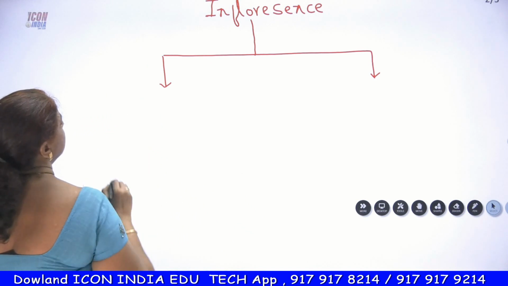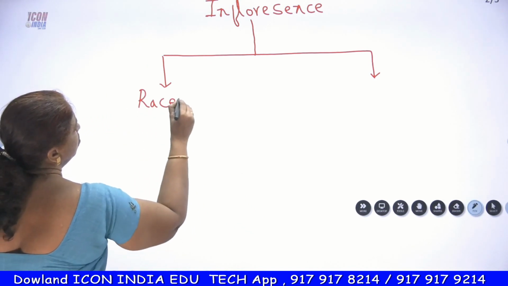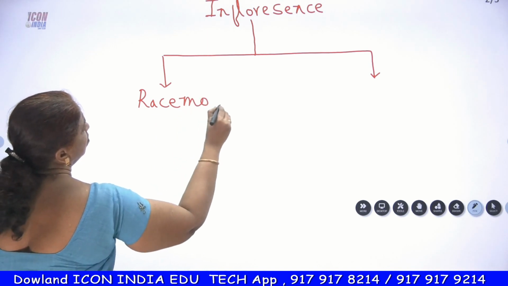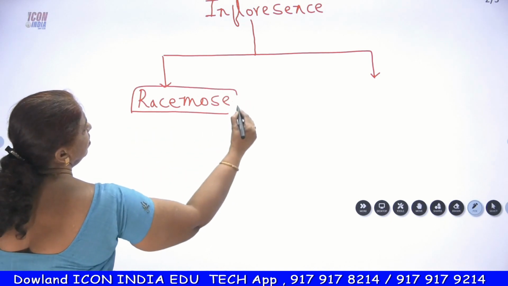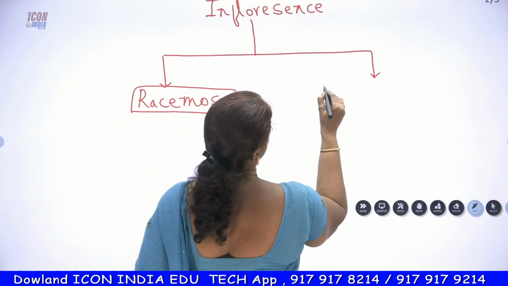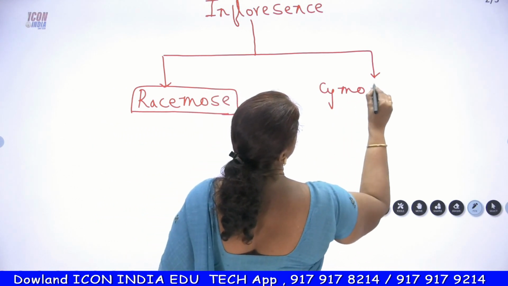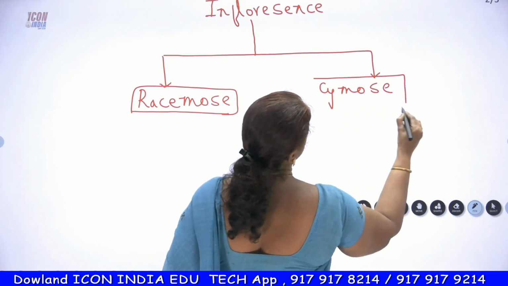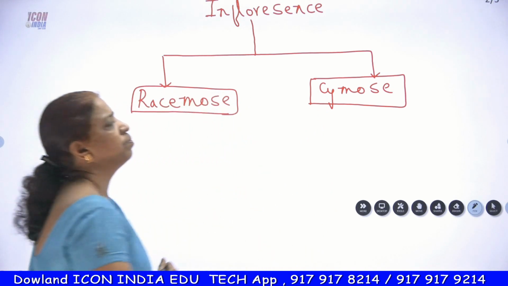This is the racemose. So this is the fundamentals, the basics of inflorescence. What are the characters of racemose and the characters of cymose?